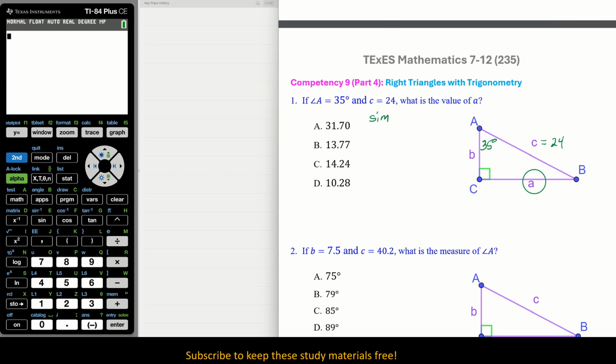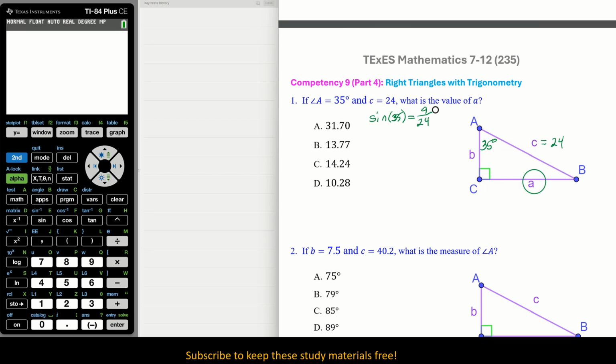Sine of 35 equals the A, which is the opposite, over the 24.